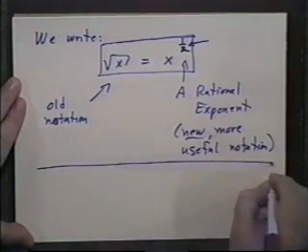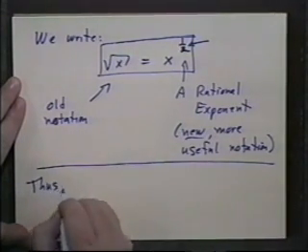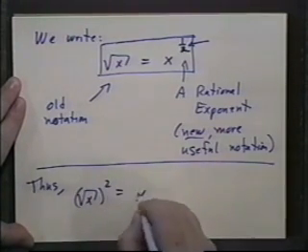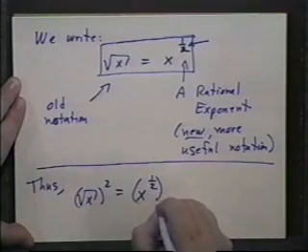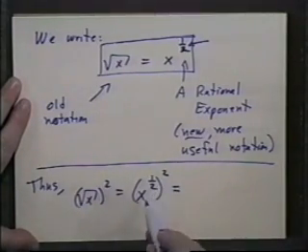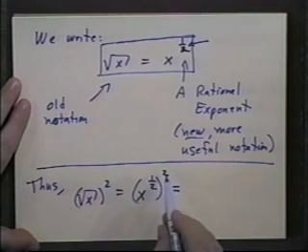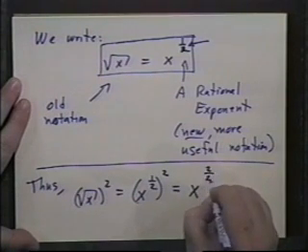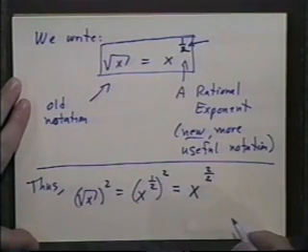So to summarize this, thus, if you take the square root of x squared, that is now the same as x to the 1/2 squared. And what was the rule for powers that were like this? X to something, all taken to another power, we multiplied the powers, right? So this is x to the 2/2. But what's 2/2? 1.